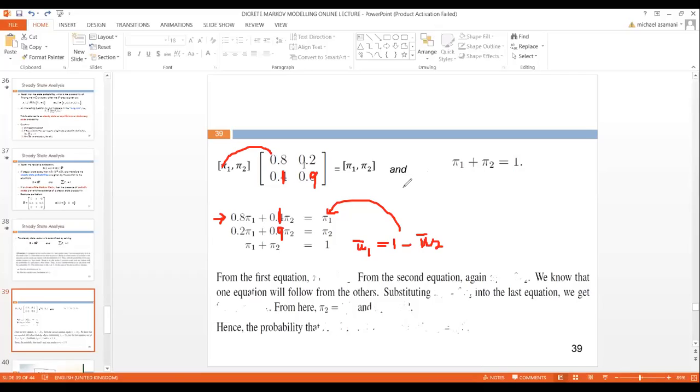So that will be 0.8 times 0.81 minus pi 2 plus 0.1 pi 2 is equal to 1 minus pi 2. Okay, so then you solve for pi 2.